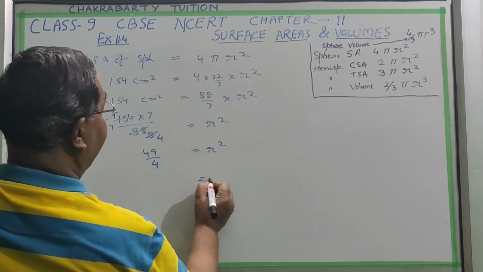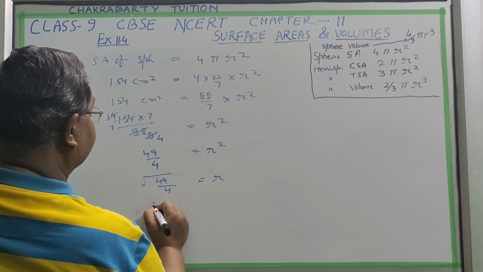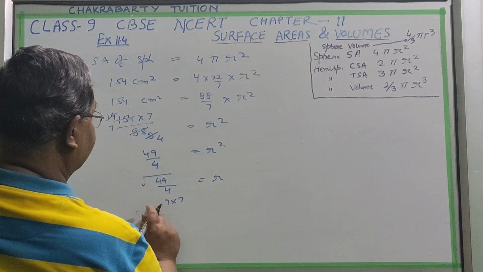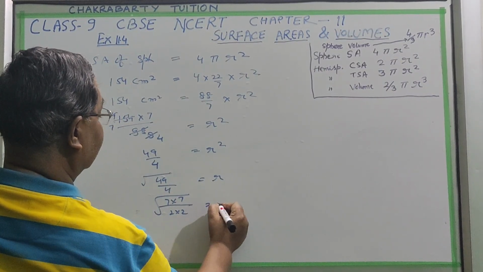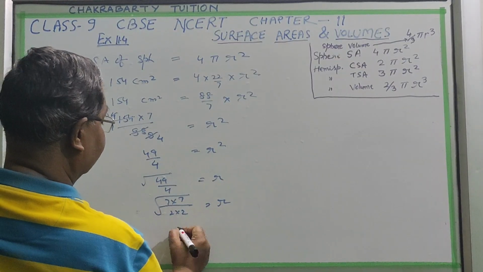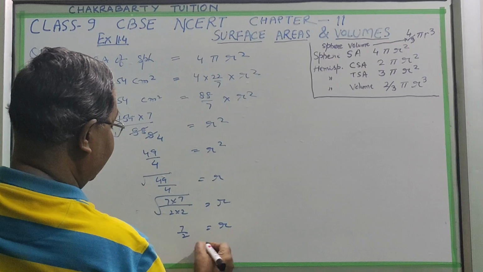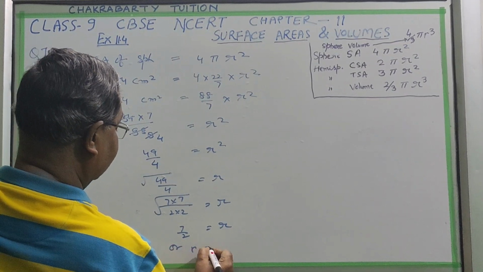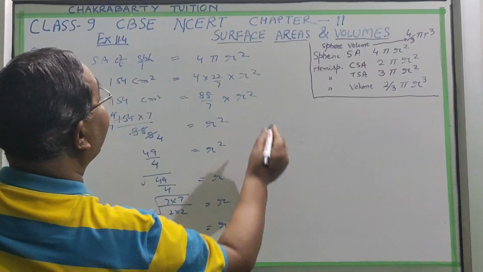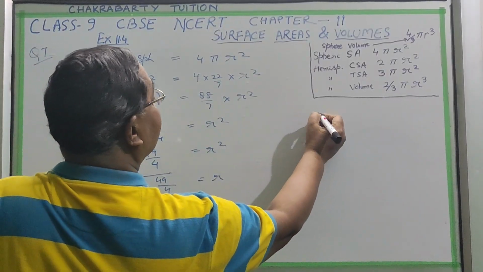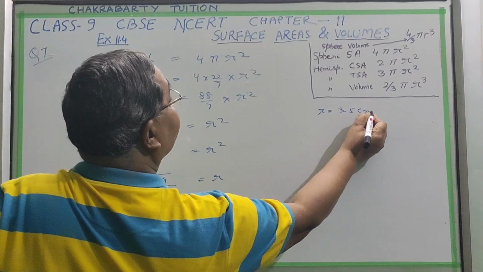So r is equal to under root 49 upon 4, which is 7 into 7 upon 2 into 2 under root, is equal to r. So we take 7 upon 2 is equal to r, or r equal to 7 divided by 2, 3.5 cm. So we have found r in this question. r is equal to 3.5 cm.